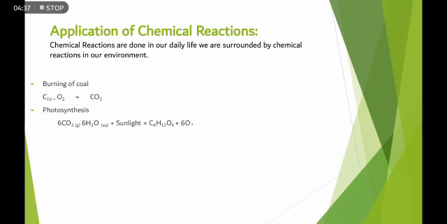You can see the molecule arrangements are changed. In reactants, they are separated, but they mix and form a new substance which is carbon dioxide. It also happens in photosynthesis, where water and carbon dioxide in the presence of sunlight convert into new molecules, which are glucose and oxygen.